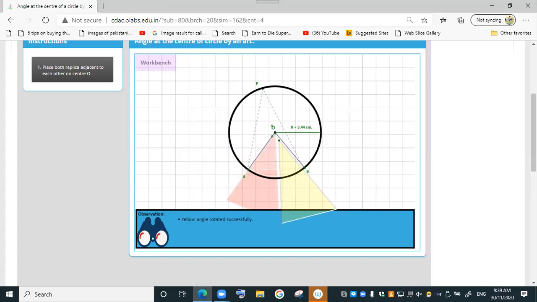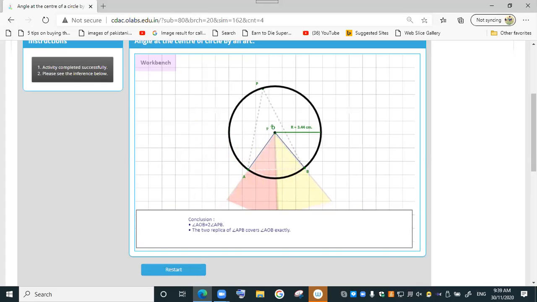And this, fix it here, okay. So you can see it is covering the full part, yes.